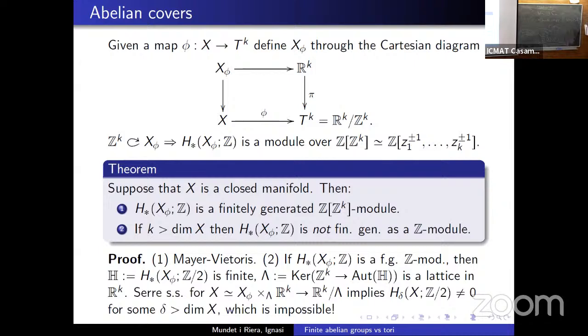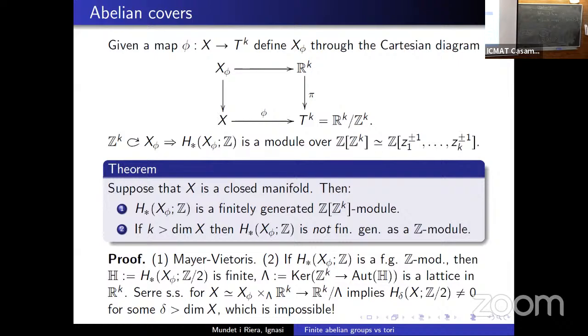And then you apply the Serre spectral sequence to this fibration, which is a fibration over the k-dimensional torus with fibers X_phi. The important thing here is that since the lattice acts trivially on homology, the local system is trivial. Typically in the Serre spectral sequence, you have homology of the base with coefficients in a local system given by the homology of the fiber. But if this local system is trivial, which is the case here, then it's basically a tensor product, because the base is a torus, so the homology is free.